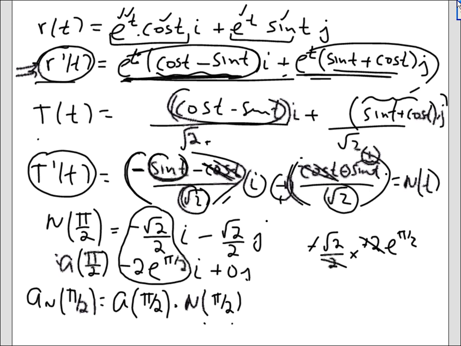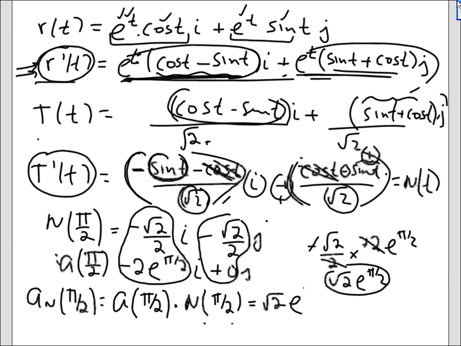The 2's cancel, so you're left with square root of 2 e to the pi over 2. And then when you multiply these values, since one of them is 0, you get 0. So you just get this as the answer. Square root of 2 e to the pi over 2 plus 0, which is just that. And we answered everything that they asked. The long, tedious problems. But then again, you have to be able to do it.